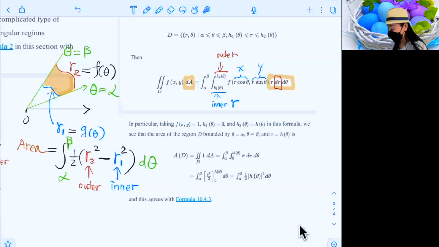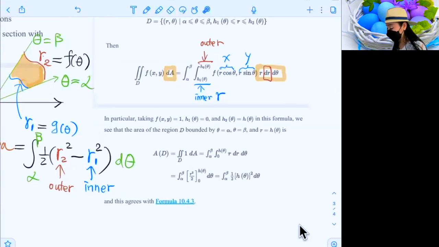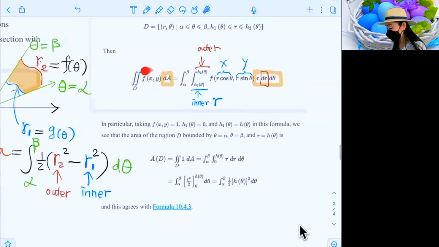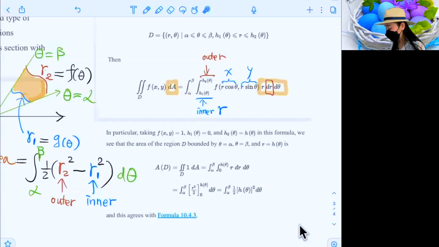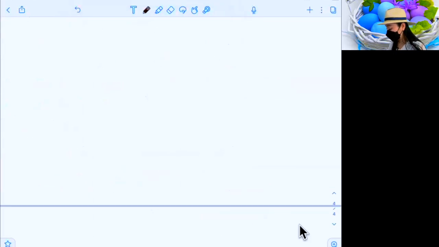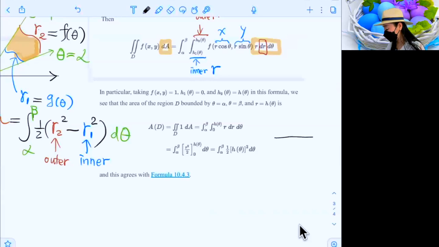Over here, also talk about, in particular, if you take this function here to be the constant function 1, and you take h1 of theta to be 0, h2 of theta to be h of theta, what does it mean? Let's try to graph this. So there's this polar plane.